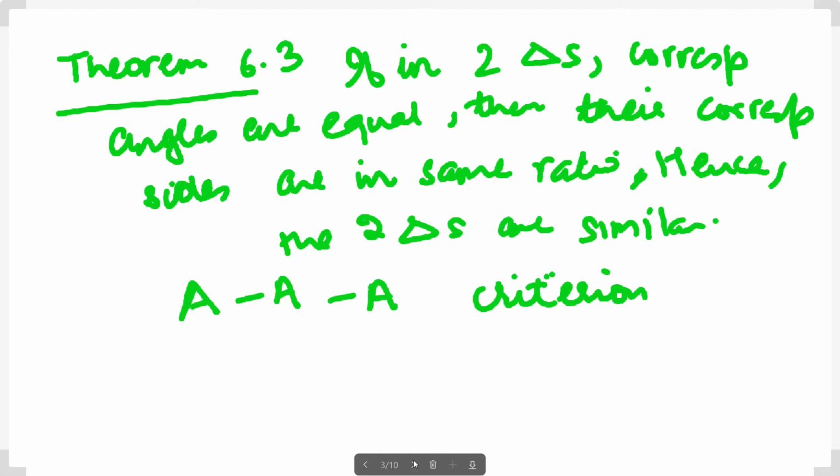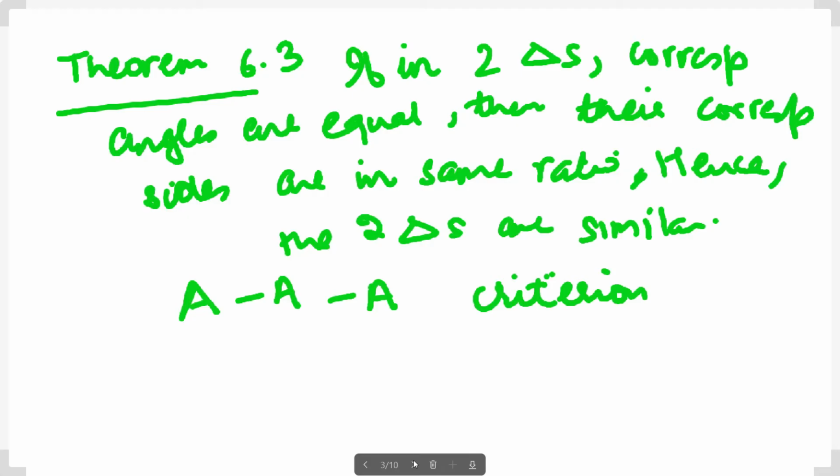So let's move on to the next theorem. The first theorem that we did was, if a line is drawn parallel to one side of a triangle to intersect the other two sides in distinct points, the other two sides are divided in the same ratio.